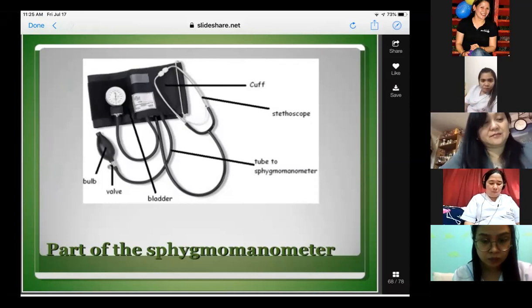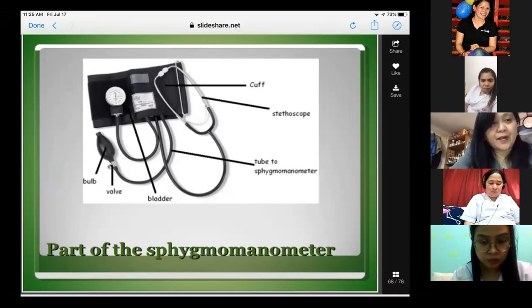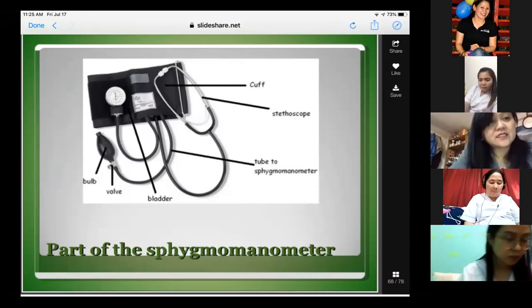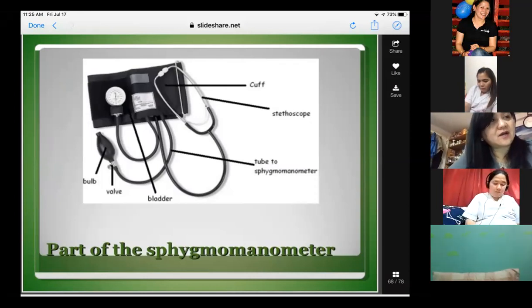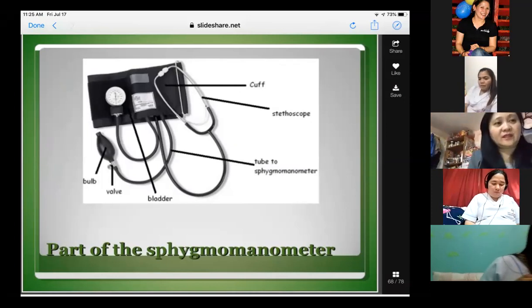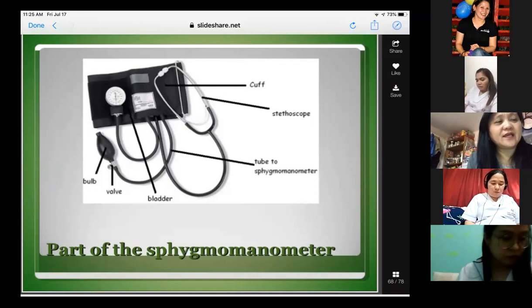Ayan siya, yung part ng stethoscope. This is the manual stethoscope. I really consider na mas maganda yung manual than the digital, because when you know the manual, it is very easy to get the digital.